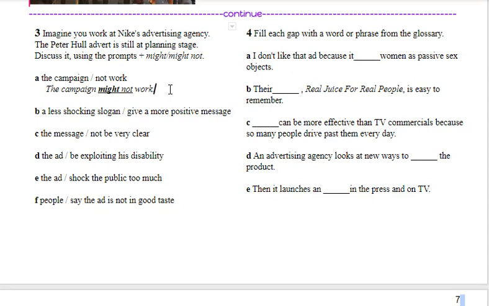So, how about letter B? The less shocking slogan. What should be the answer?